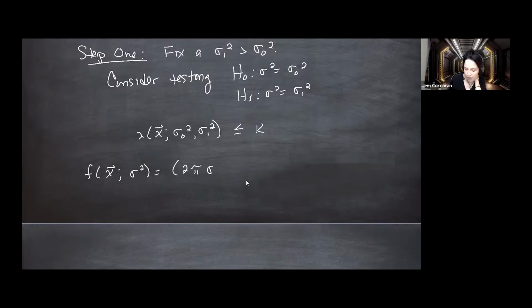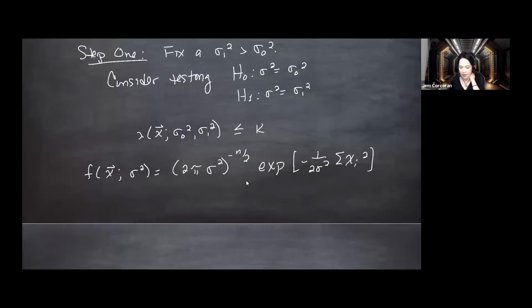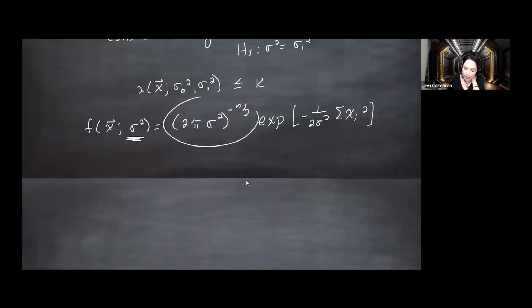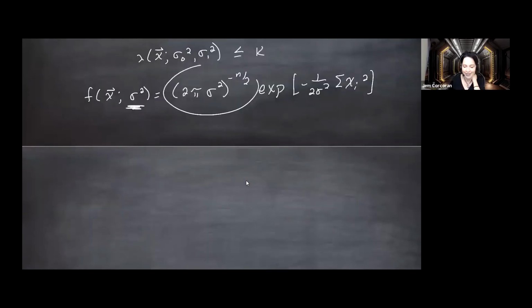This is going to be minus n over 2, and then e to the minus 1 over 2 sigma squared, sum of the x's. So then when you put in a sigma naught squared and sigma 1 squared and take the ratio and divide all this stuff to the other side, at some point you will have, I should have written it out in an orderly way.